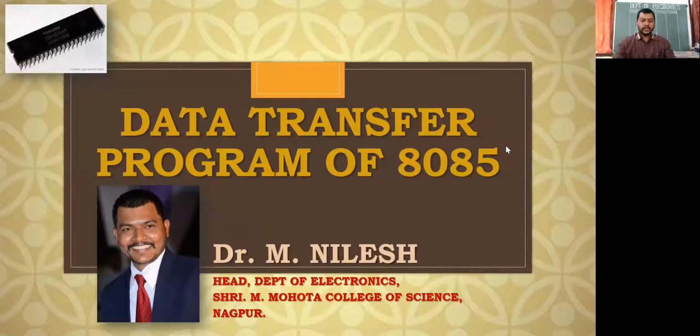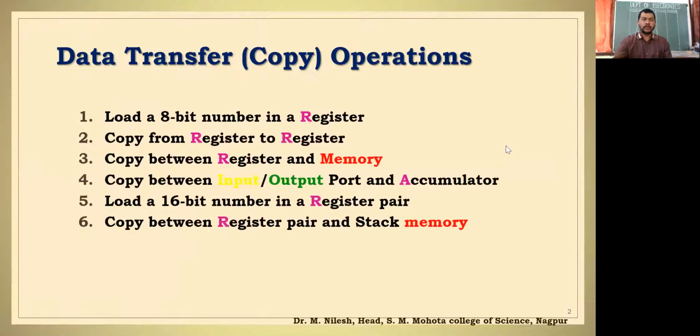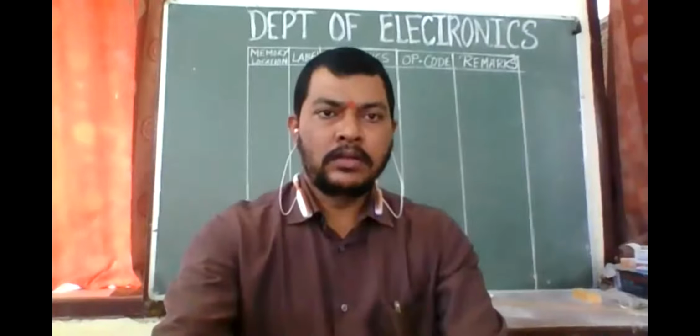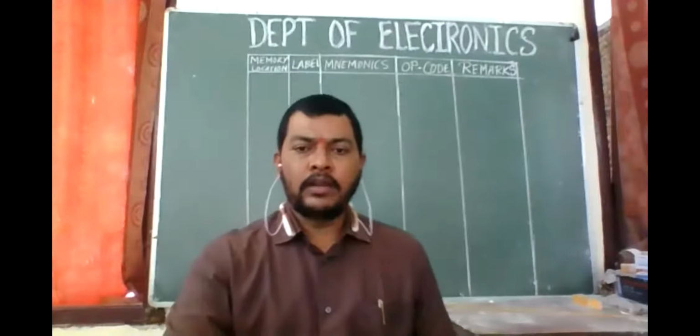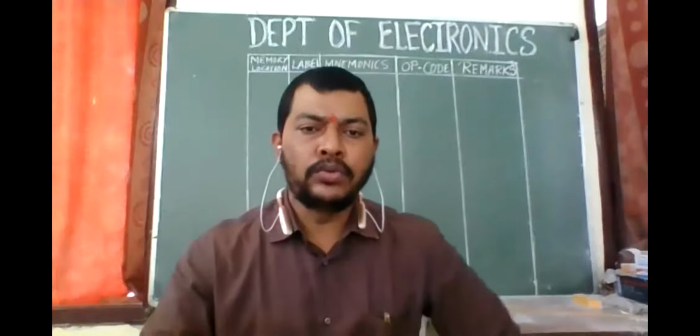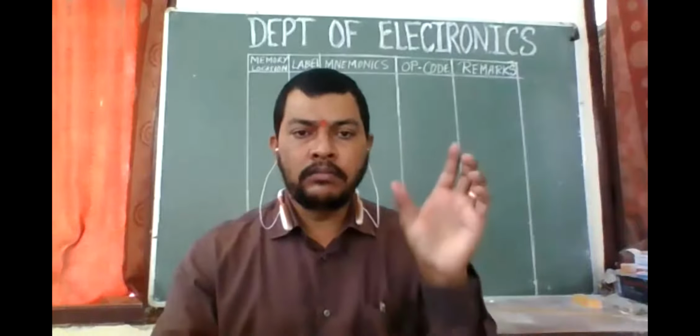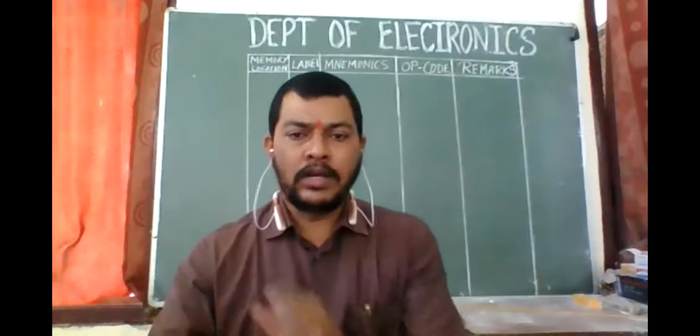So we have done this program of the data transfer group set of instructions, in which we have studied some of the programs of data transfer operations. Yesterday, what we have tried to do is copy data from one bank to another bank.